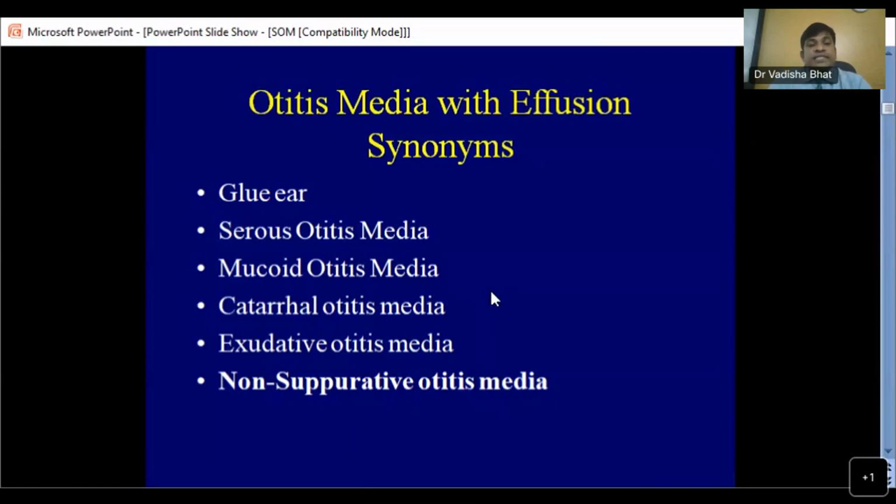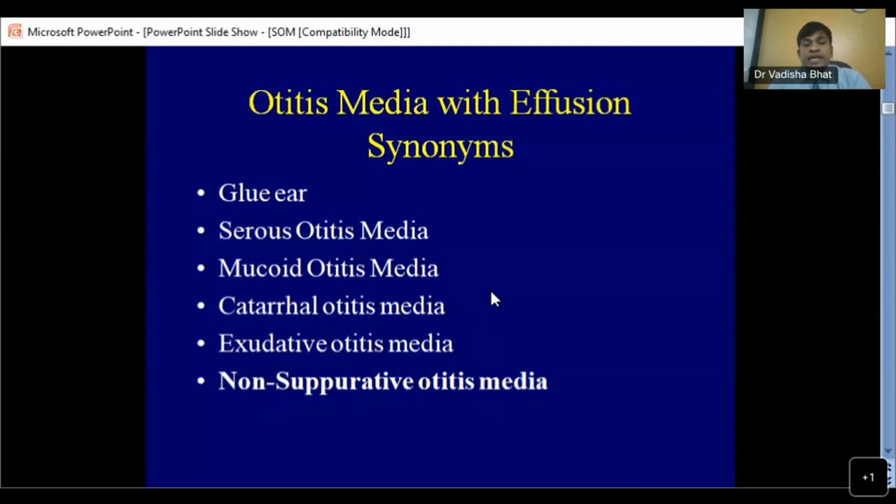It is also called serous otitis media, considering that the fluid is serous at times, and also called mucoid otitis media. So this shows that the content, the collection in the mid-ear cavity, is not always uniform. It may be a thin fluid, which is why it is called serous otitis media, and it may be a thick secretion, which is why it is sometimes called mucoid otitis media.